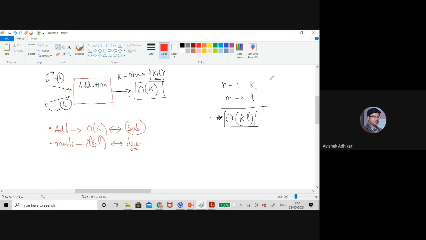If this is k and this is L, and you want to divide this by this, of course this should be non-zero, then the number of bit operations required will also be k into L. Similarly, for subtraction, from A to B, if they are k and L, and the maximum of k and L is k, then for subtraction also you will require order of this many bit operations. Clear? Okay. So now we have all the basic operations at our hand, and based on that, we are now going to do the division algorithm and all.